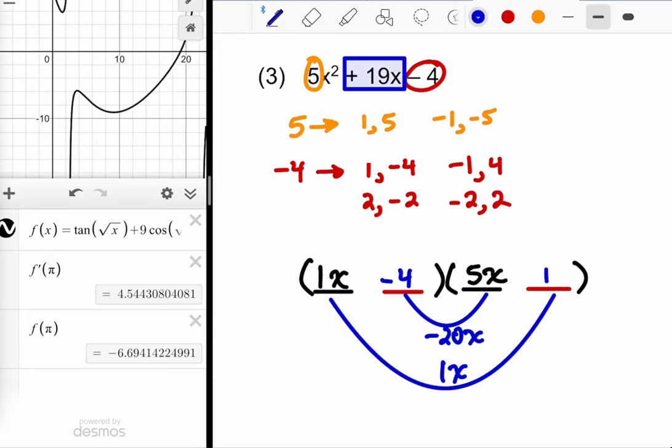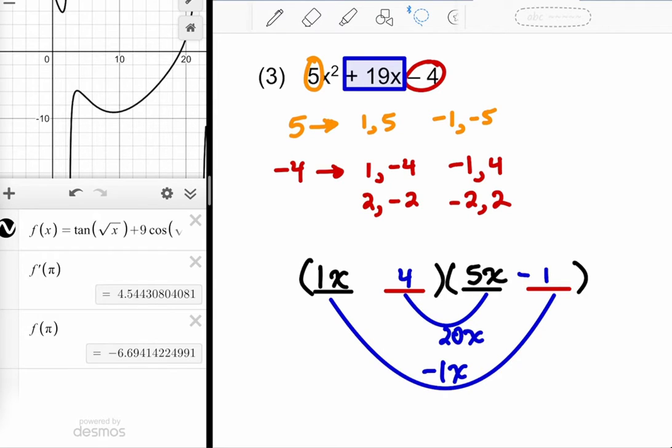But I do know I'm onto something, because if this 20, instead of being negative, were positive, and this one was negative, that would get me where I wanted to go. So that's telling me that this negative should be associated with this term.